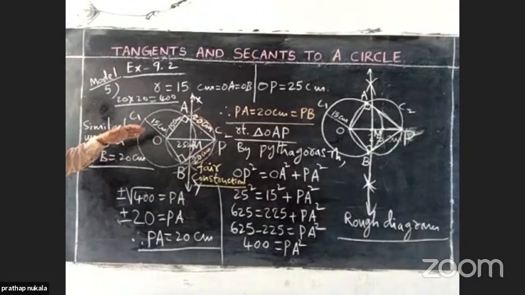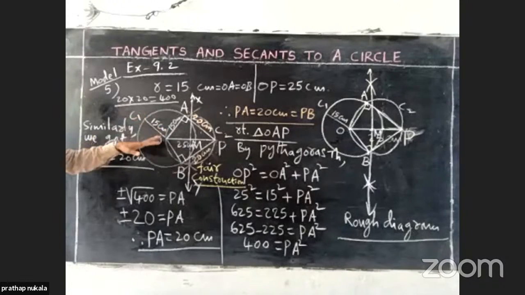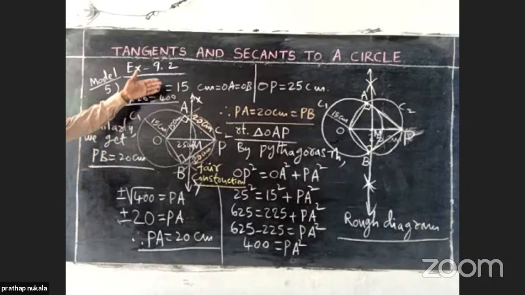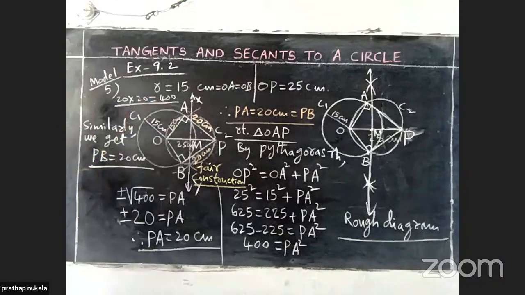And one more point is there, that is steps of construction. I will explain the steps of construction. Just note down. 1 mark to 1.5 marks will be given for steps of construction.